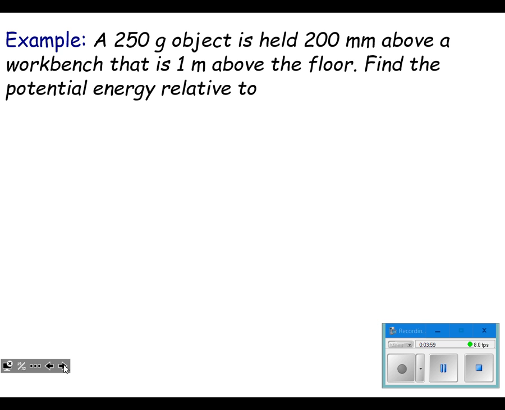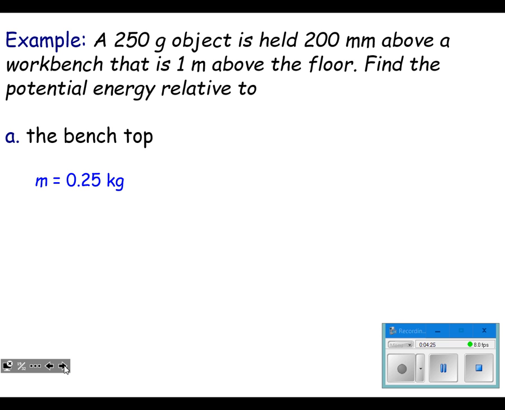Okay. Now, I can have also a 250 gram object that's held 200 millimeters above a workbench, and that workbench is 1 meter off the floor. Find the potential energy relative to just the bench top. So, first thing, I have to change the mass from grams to kilograms. I can do that by dividing by 1,000 because there's 1,000 grams in a kilogram.